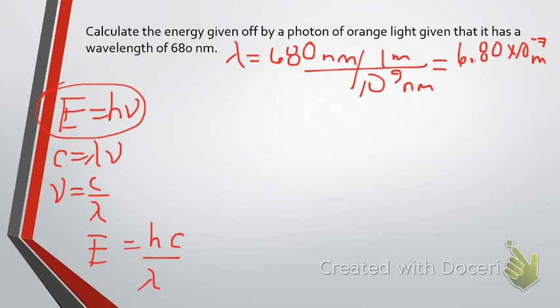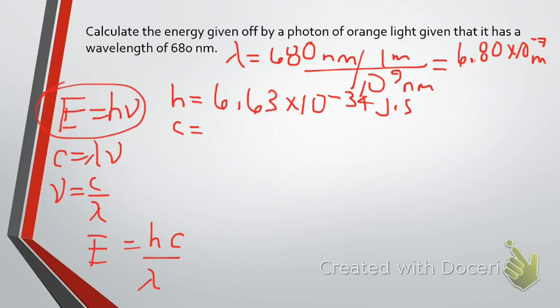Now, you have to look to see what h is. h is a constant and c is a constant. h is equal to 6.63 times 10 to the minus 34 joule seconds, and c is equal to 3.00 times 10 to the power 8 meters per second.